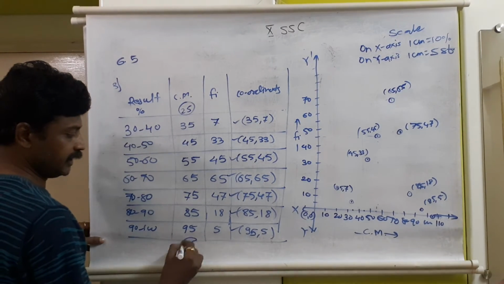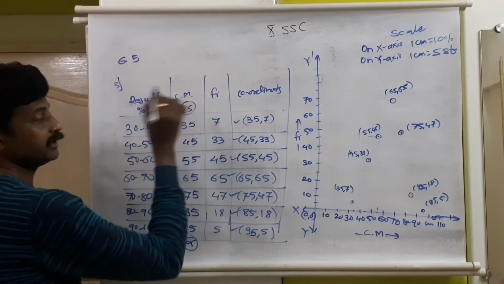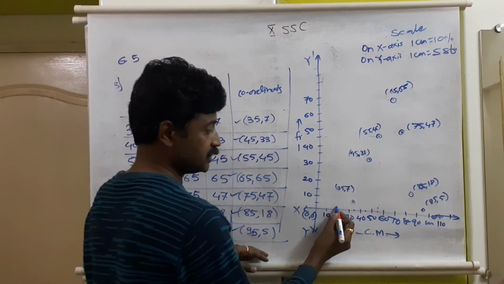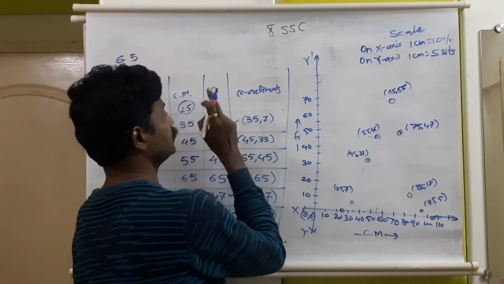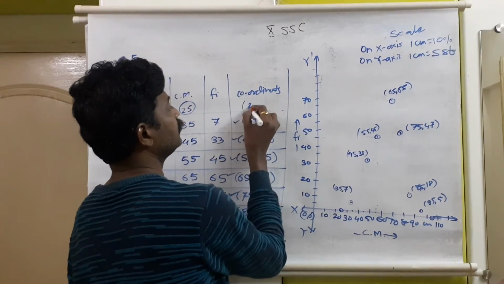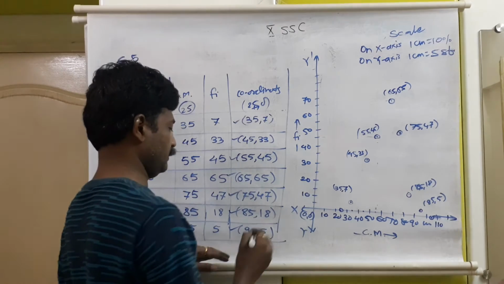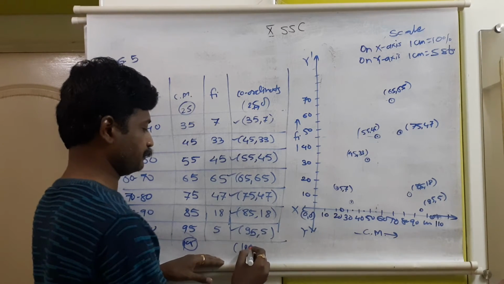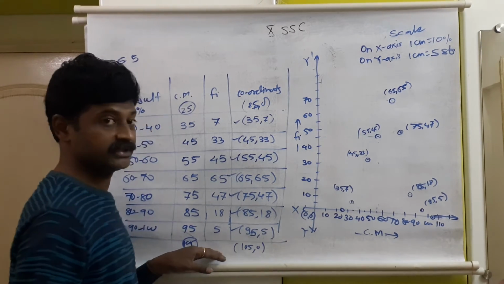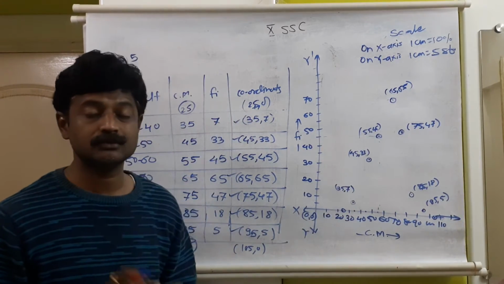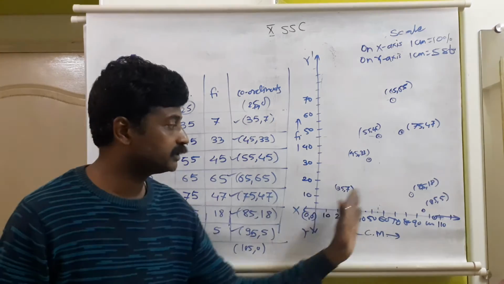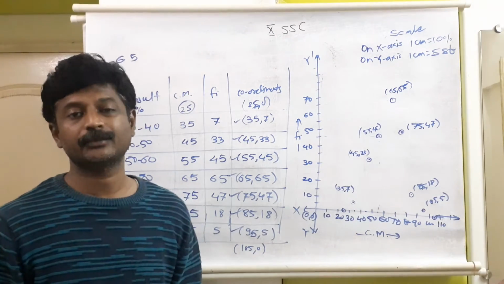Just as here we have 105, we need 25 in the same way, with frequency 0. No frequency means zero frequency. So the point is 25, 0, and at the last end also the class mark is 105 with frequency 0, so 105, 0. These will help us close the graph on both ends. That is necessary to draw the frequency polygon.